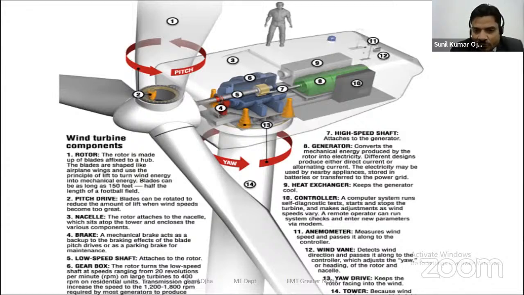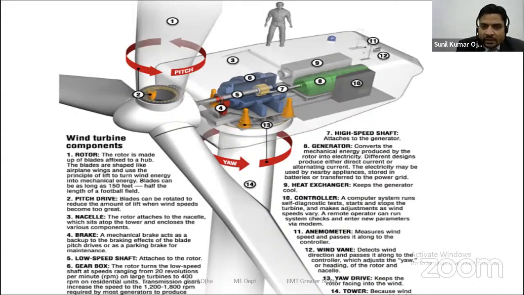There is an anemometer to measure the speed of the wind, wind vanes, and a yaw control drive that adjusts the whole tower mechanism to face the wind. And there is a tower.